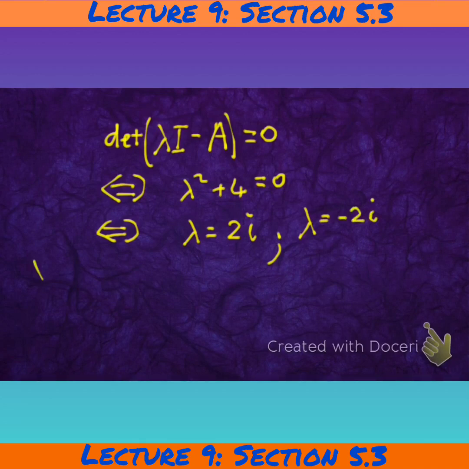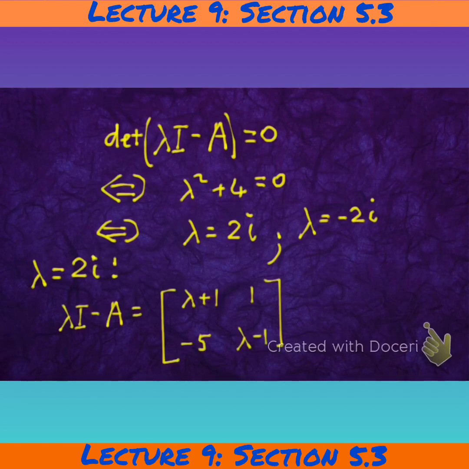Finding the basis when the eigenvalue lambda is 2i, that's going to occur when we have 2i plus 1 is 1, and there we've got 2i minus 1.